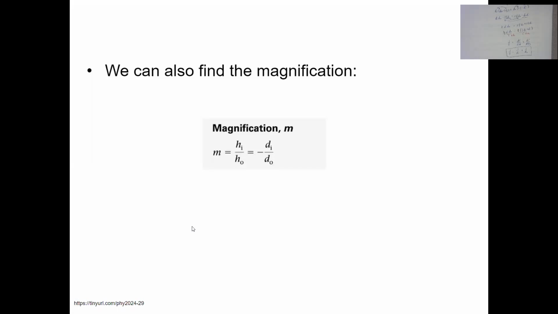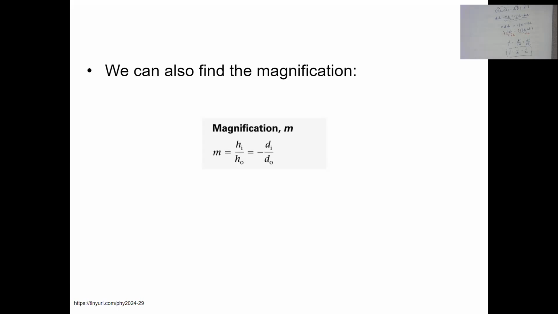Next, let's take a look at the magnification. The magnification is defined as the size of the image, hi, divided by the size of the object, ho. This is also related to the distance of the image and the distance of the object, and is equal to minus di over do.